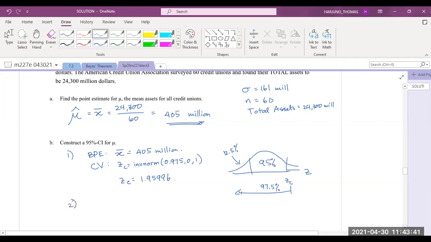Step 2, how about the margin of error? This is the critical value times the population standard deviation 161 over square root of 60.